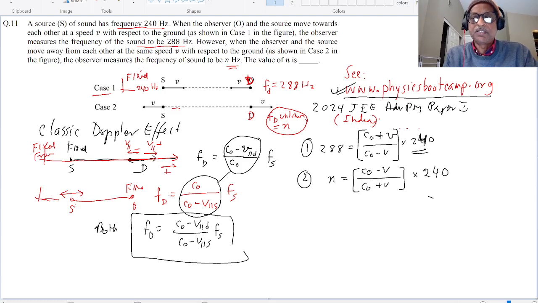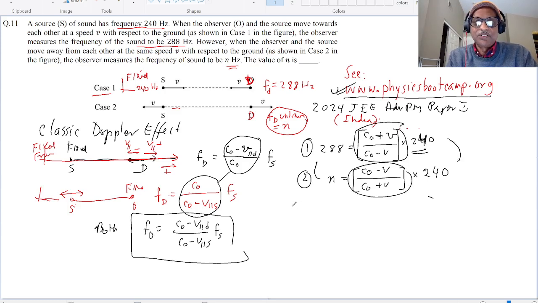That was the emitted frequency. Now you can see this and this are just opposite of each other. If I multiply this with that and this with that, this factor will just cancel out. So n times 288 is simply 240 times 240.